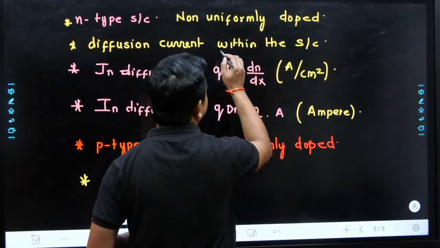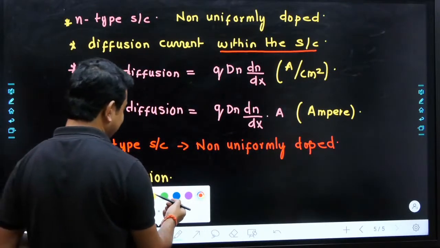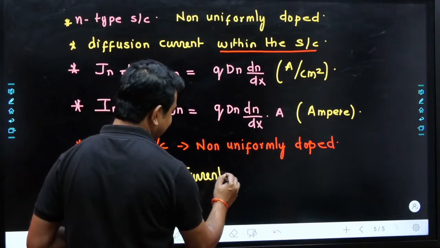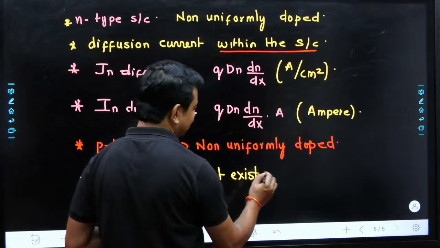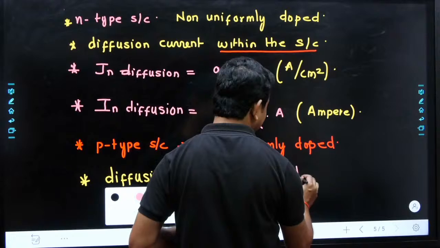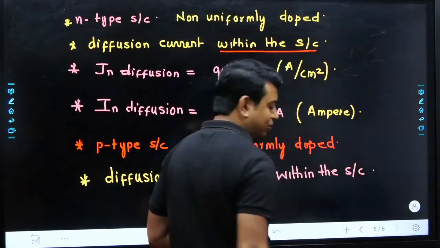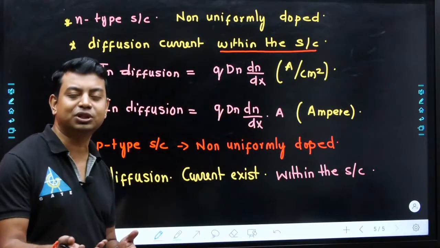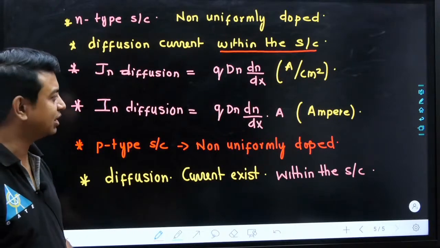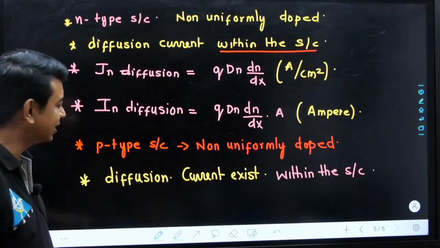Diffusion current exists, but the important thing is that it is always existing within the semiconductor in which we have the non-uniform doping. It will not go out of the semiconductor, so there is no diffusion current out of the semiconductor. I am going to tell you why I am talking about out of the semiconductor also.